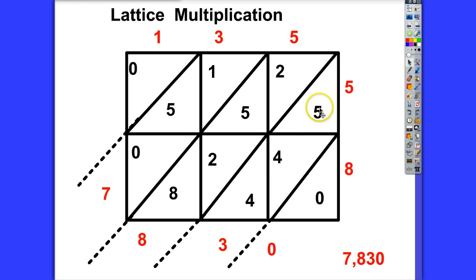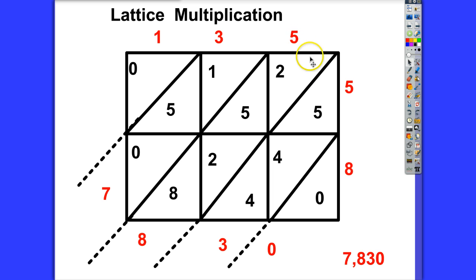So there's 25. 3 times 5 is 15. 5 goes in the ones place, 1 goes in the tens place for 15. 1 times 5. Well, 1 times 5 is 5. So I write the 5 in the ones place. There are no tens in 5. It's a single digit number. So I put a 0.